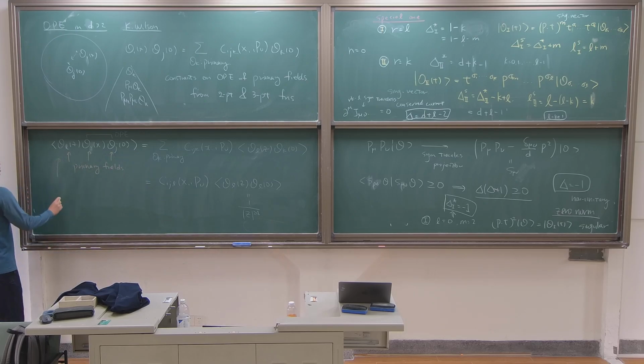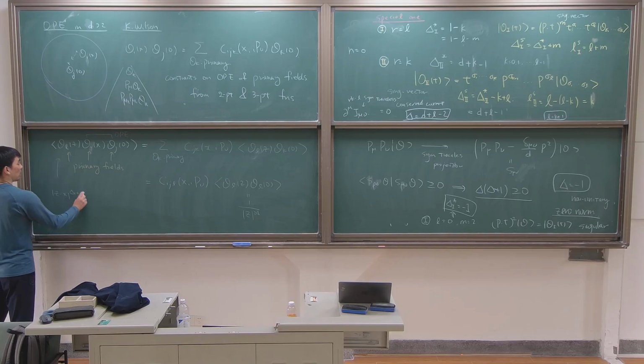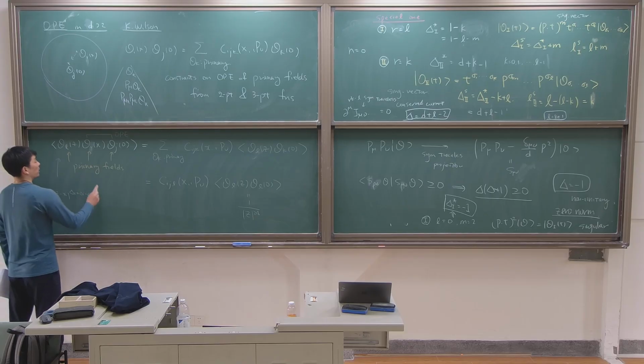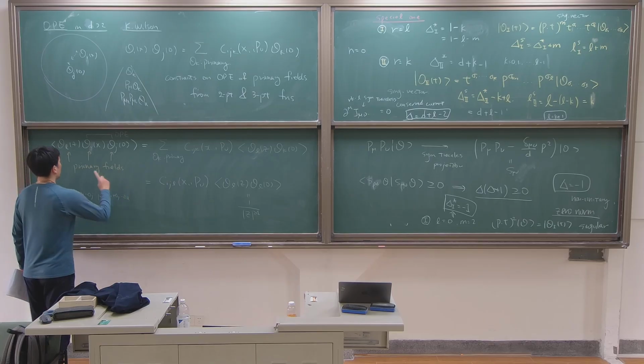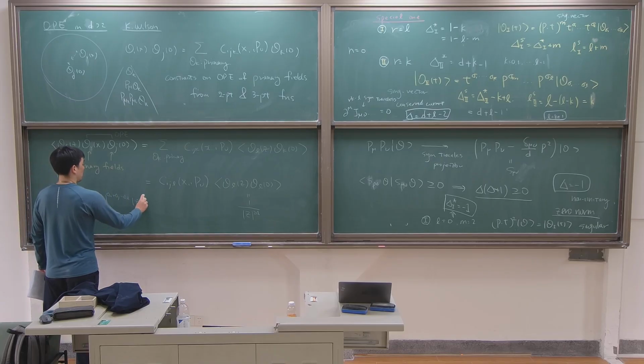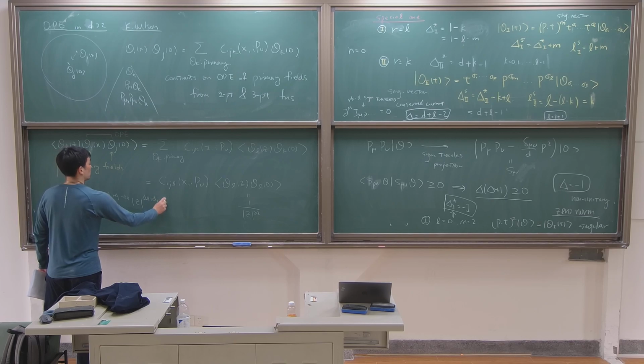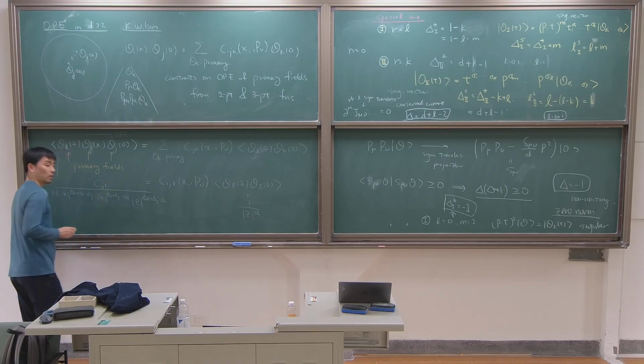This one we already know takes a form like (c minus x) to the power delta_L plus delta_i minus delta_j, and then (x) to the power delta_i plus delta_j minus delta_L, and here in c you have delta_L plus delta_j minus delta_i. So like this. Then C_ijk, okay, this is the structure constant.